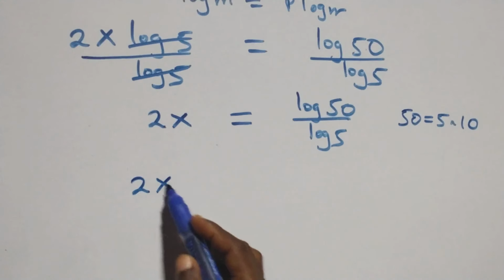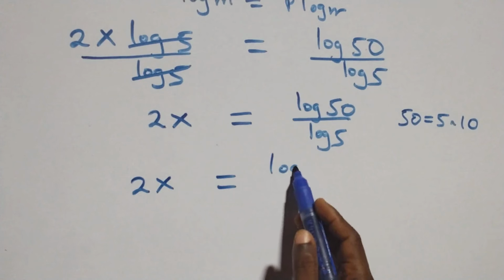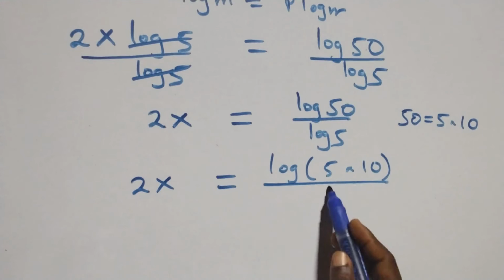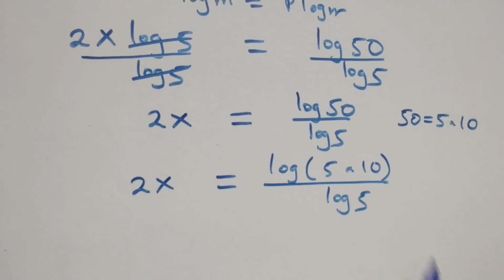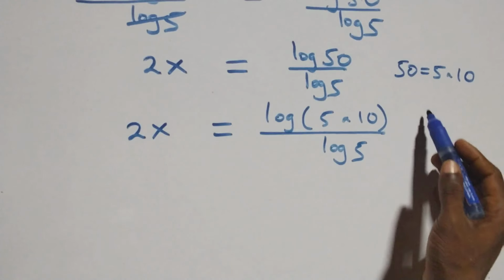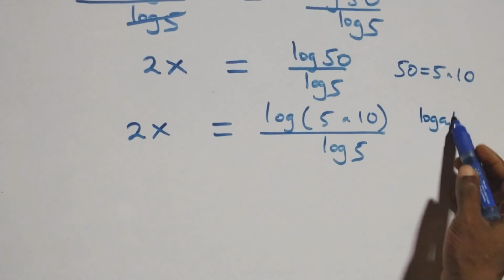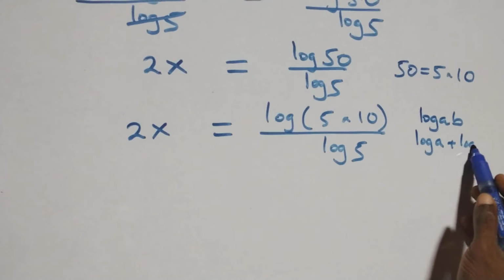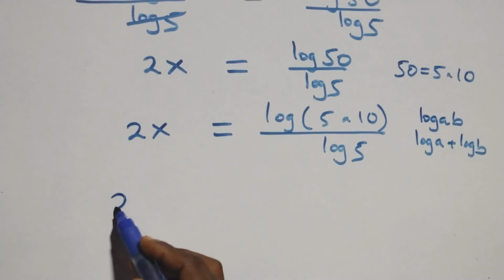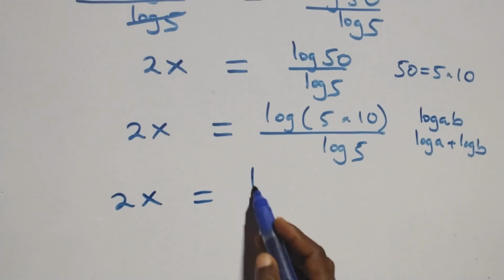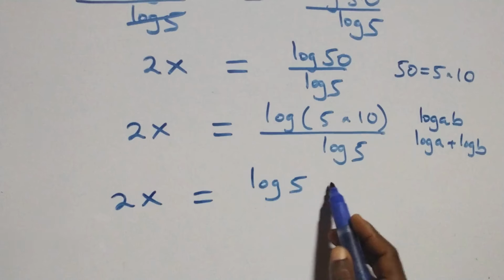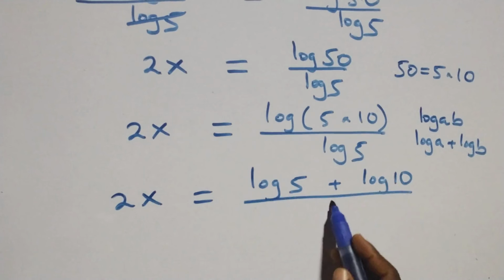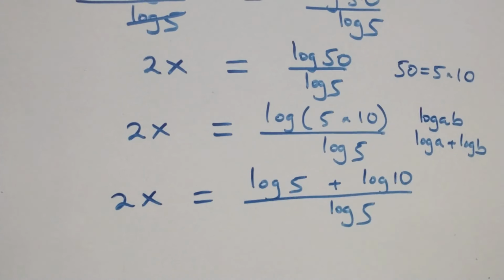2x equals log 5 times 10 over log 5. Then this follows the law of logarithm. When we have log a times b, this is the same thing as log a plus log b. Here we have 2x equals log 5 plus log 10 over log 5.